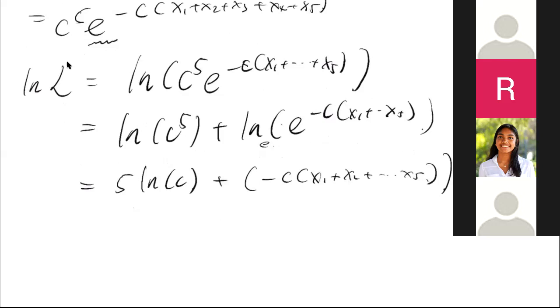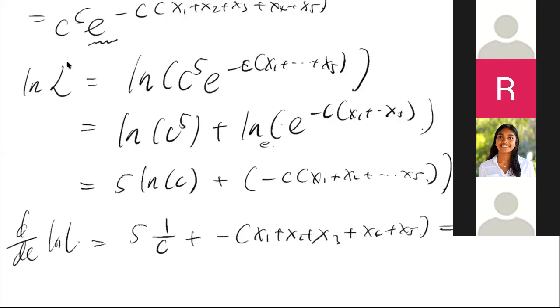We set this derivative equal to 0. How do we calculate c? Moving terms around, 5 over c is equal to x1 plus x2 plus x3 plus x4 plus x5. So c is equal to 5 over x1 plus x2 plus x3 plus x4 plus x5.